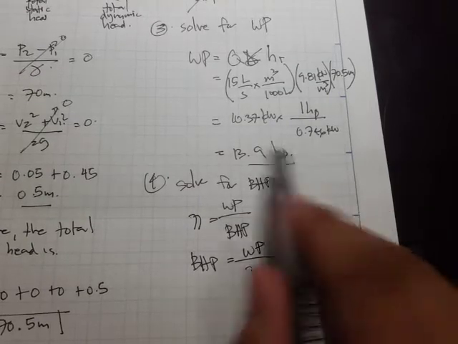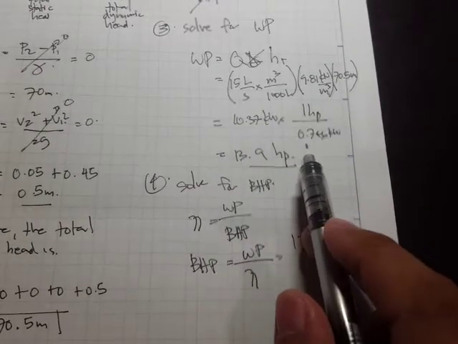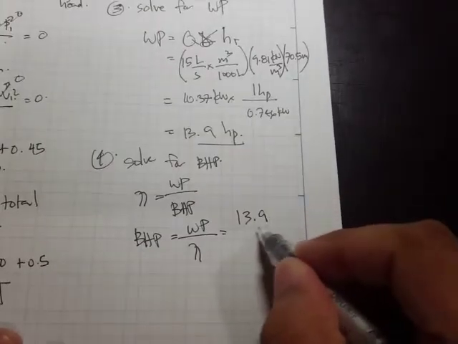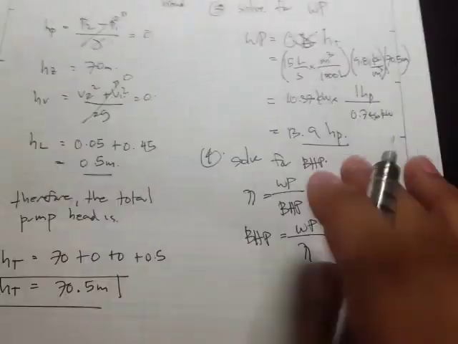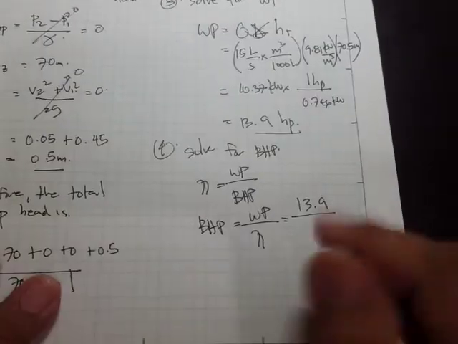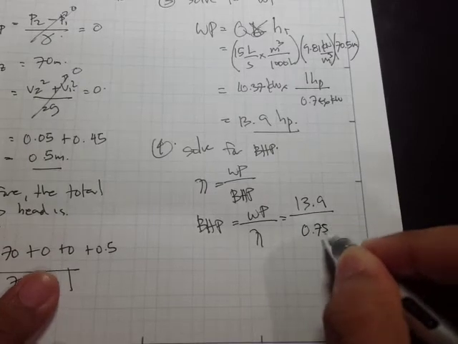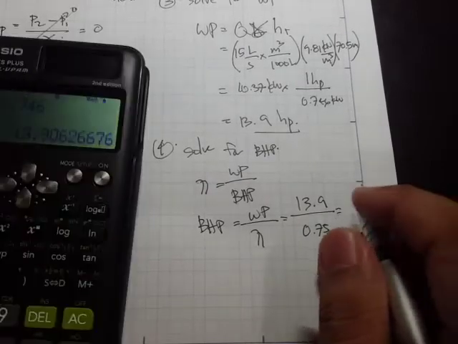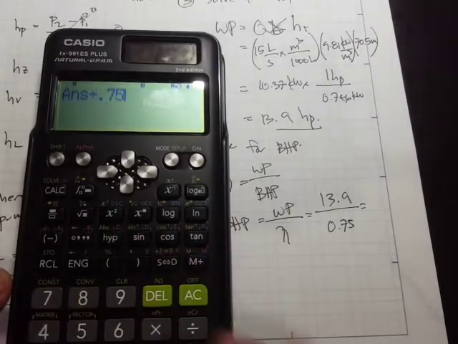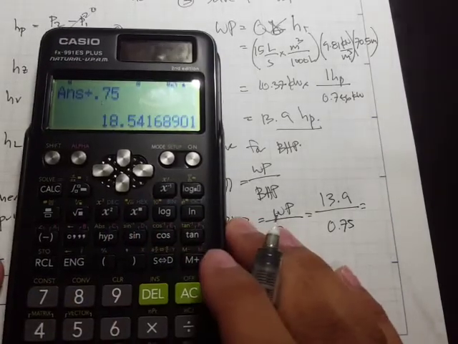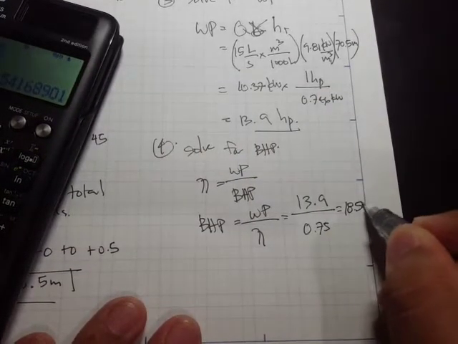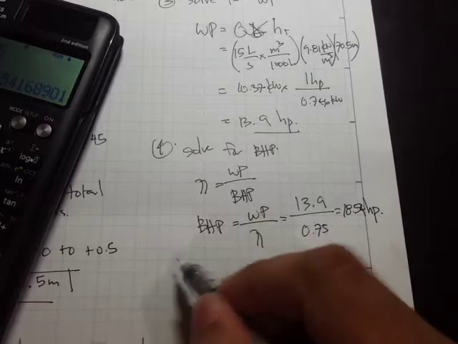So let's use this horsepower value, 13.9, divided by the efficiency. It says that we have a 75% efficiency, or 0.75, and that means 13.9 divided by 0.75. This is 18.54 HP.